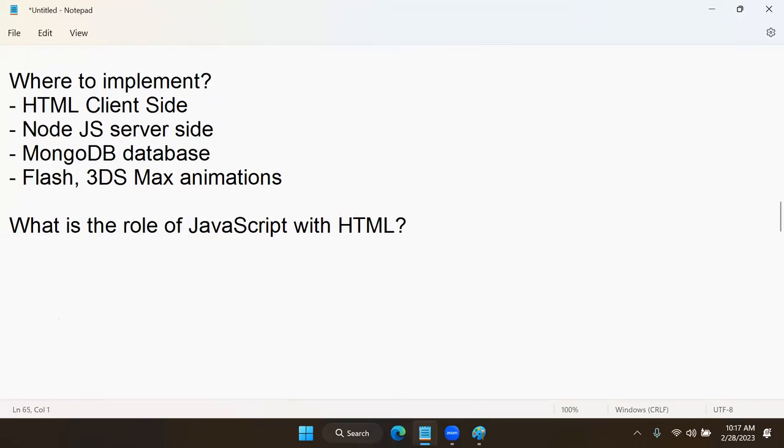What is the role of JavaScript with HTML? You will implement JavaScript with HTML, for which purpose? Any technical terms?